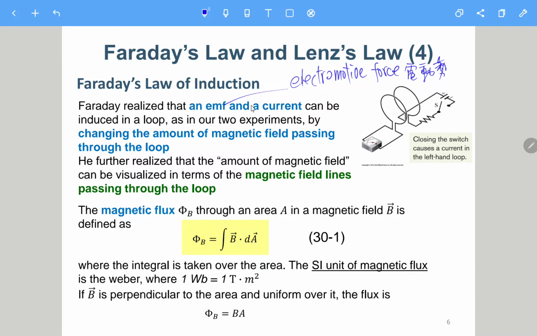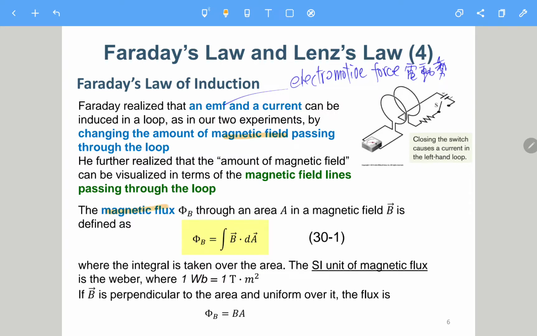And a current can be induced in a loop, as in our two experiments, by changing the amount of magnetic field passing through the loop. So it is related to the changing amount of the magnetic field passing through the loop. In other words, it is the so-called magnetic flux.